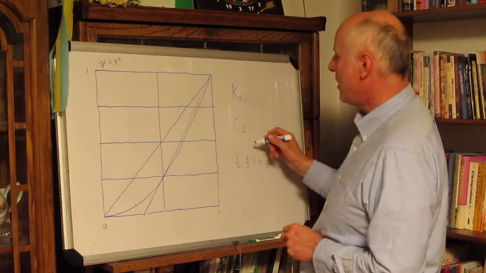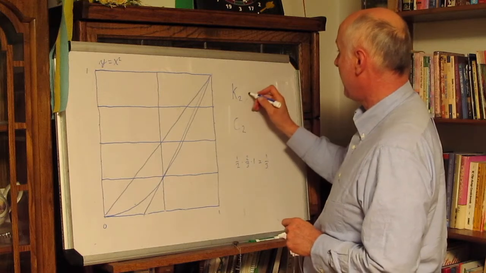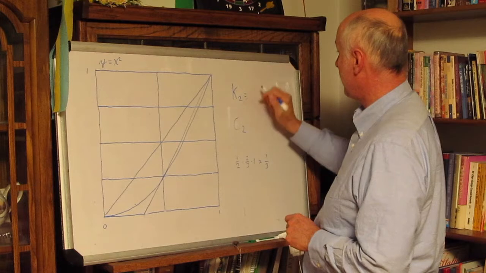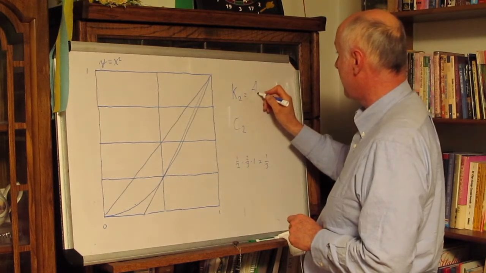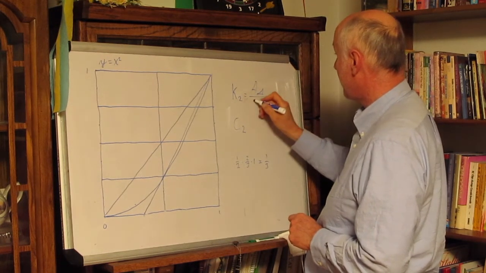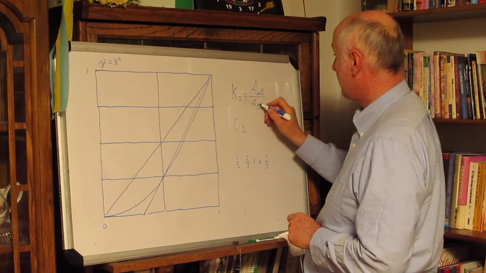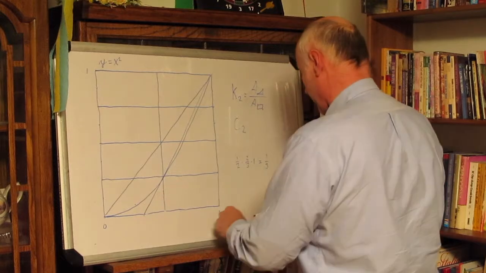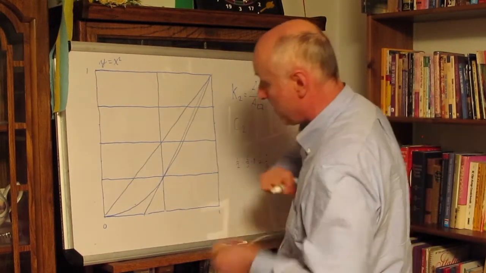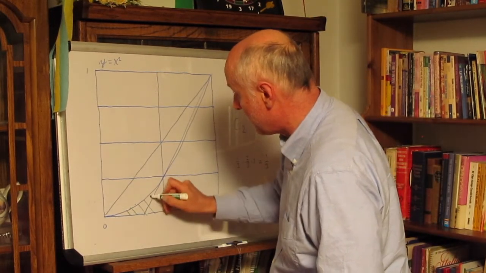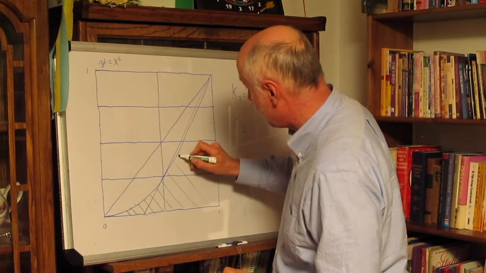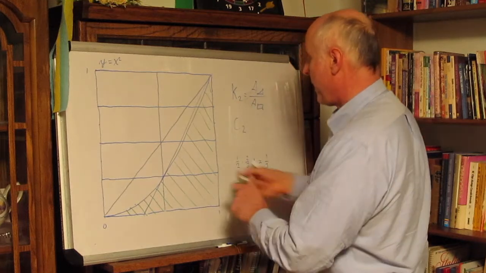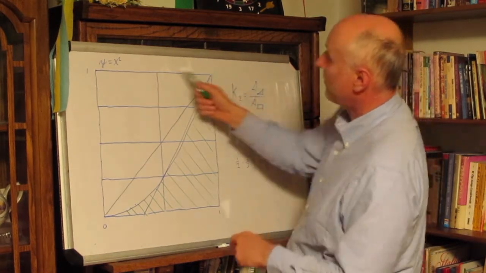So K2, which is the area of this wedge compared to the area of the box. We're talking about this area here. Let's just draw it. That area to the area of the box.